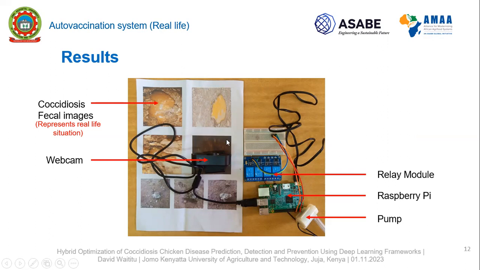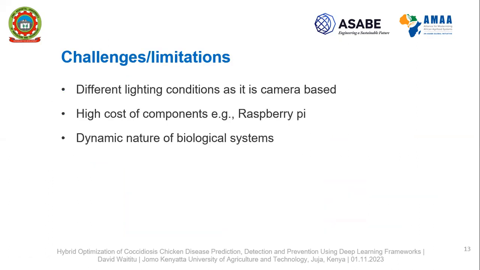I also have a webcam that I was using to obtain the live feed. And then we have the Raspberry Pi 3 here. And then the relay board, because you cannot connect a pump directly to a Raspberry Pi because of the high current demand. So you need to use a relay module to make the connection. And then the pump, to dispense the medication.